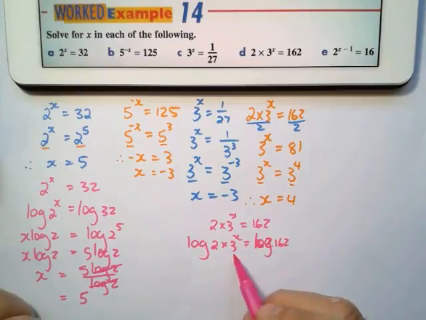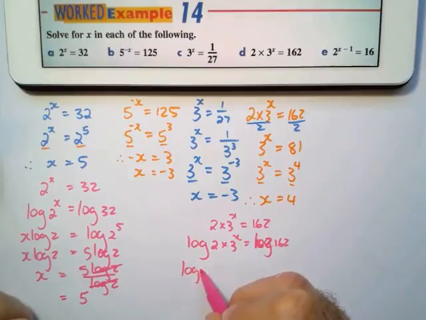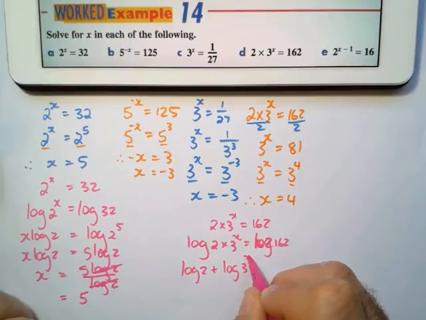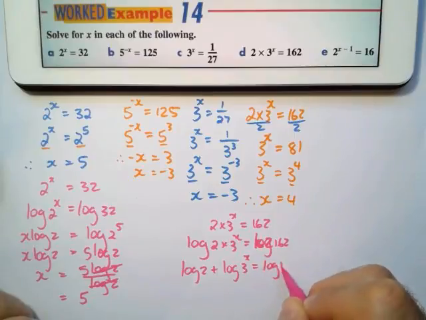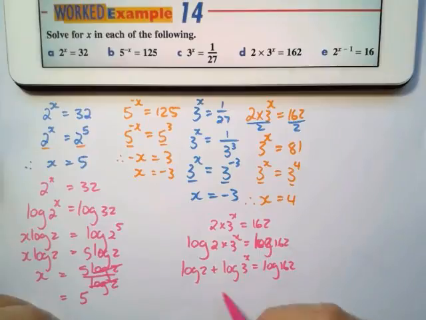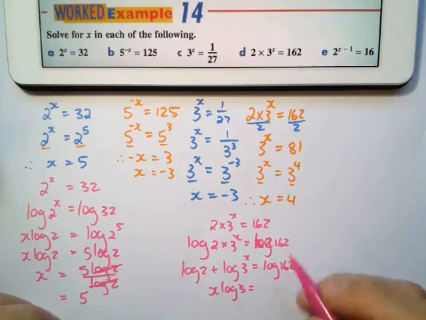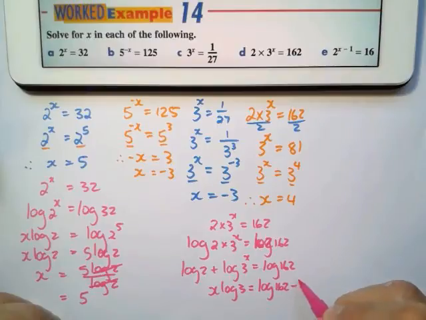I have to split this up, and this log means it's the log of 2 plus the log of 3 to the power x, which equals log of 162. I can subtract log 2 on both sides, and this x can go to the front, x log 3 equals, that log 2 goes to the other side, log 162 take away log 2.